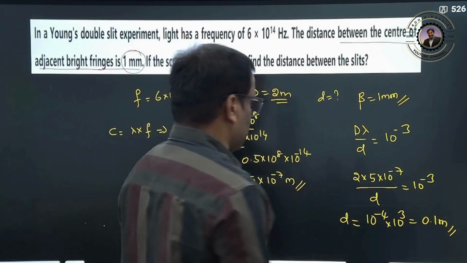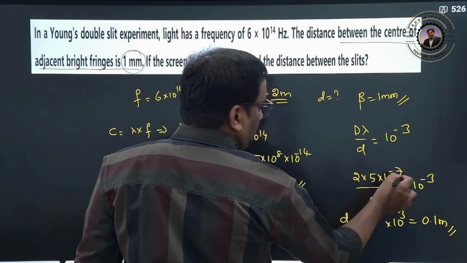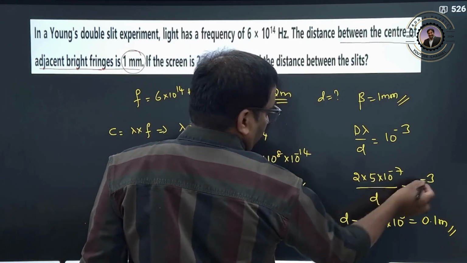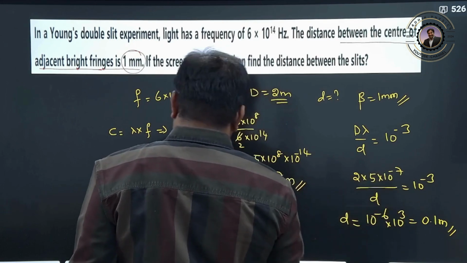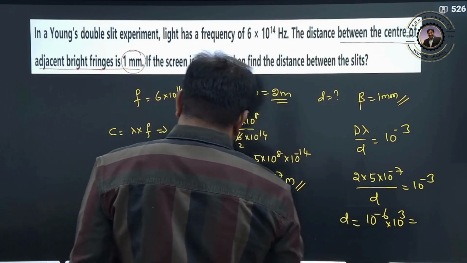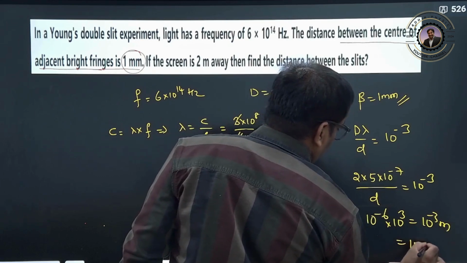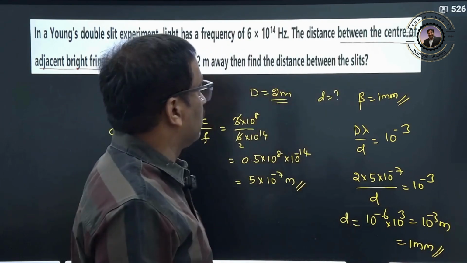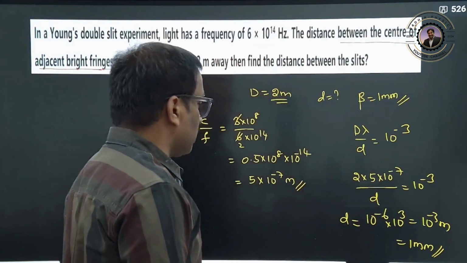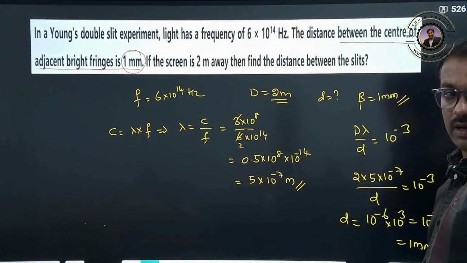Sorry, this is 10 to the power of minus 6, taking the top, 10 to the power of minus 3. So therefore you can write 10 to the power of minus 3 meters, which is nothing but 1 millimeter. Clear? So the slits are separated by a small distance, that is 1 millimeter. Clear? Now we will go for another question.